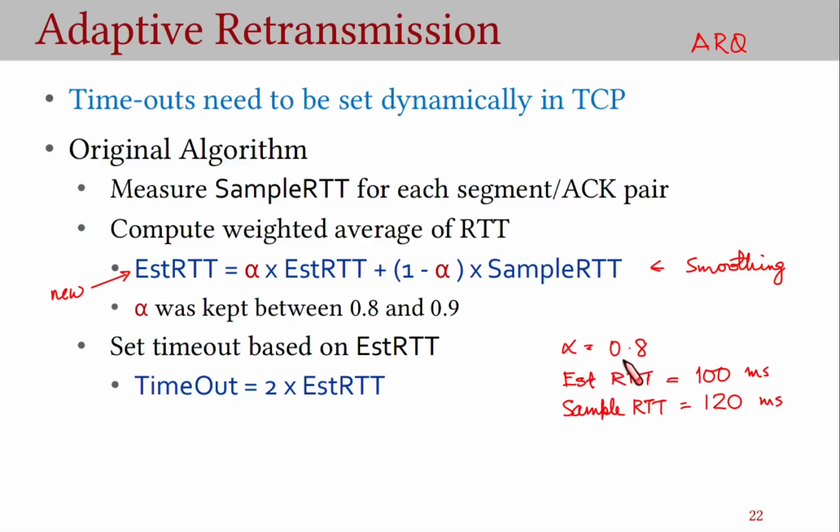So suppose alpha is 0.8 and the estimated RTT previously was 100 milliseconds, and the most recent sample RTT is 120 milliseconds.